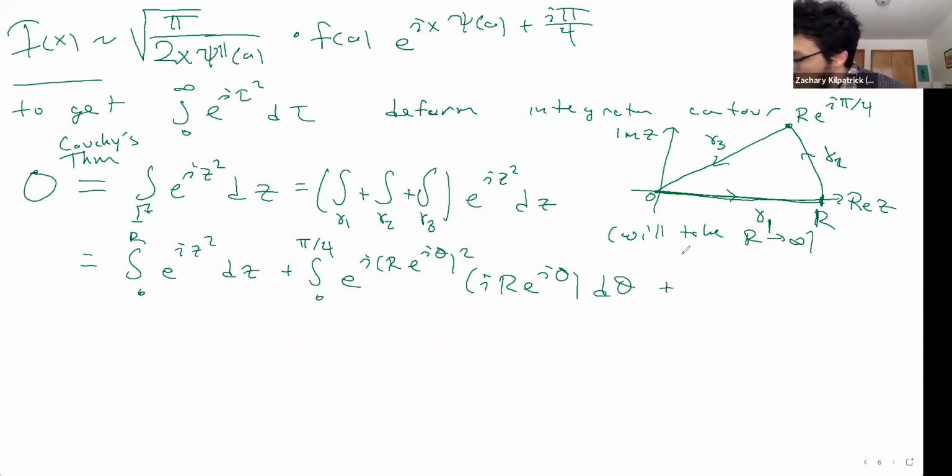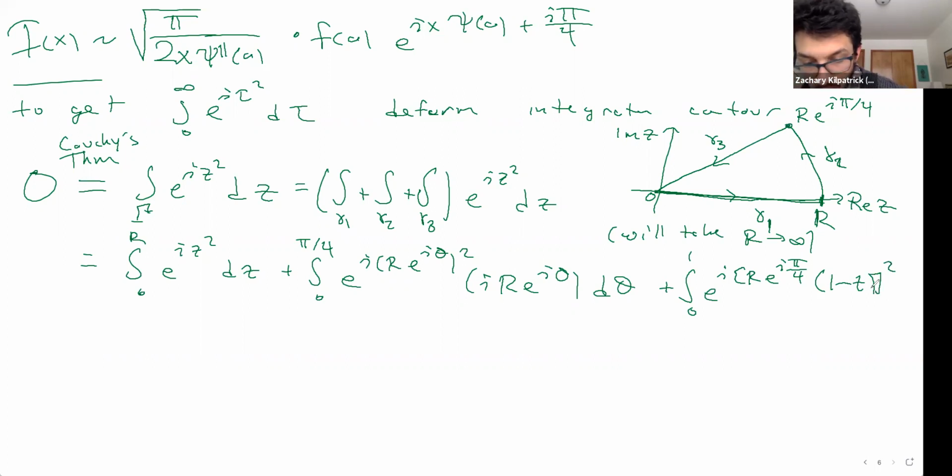And in addition, now I have an integral from 0 to 1 of e to the i r e to the i pi over 4 times 1 minus t. So it's tracing back to the origin from out here at this point. Okay, that whole thing squared.